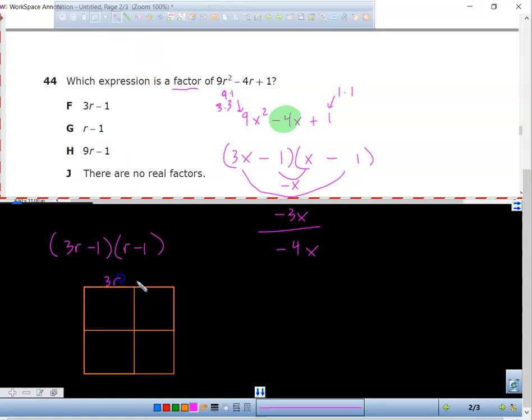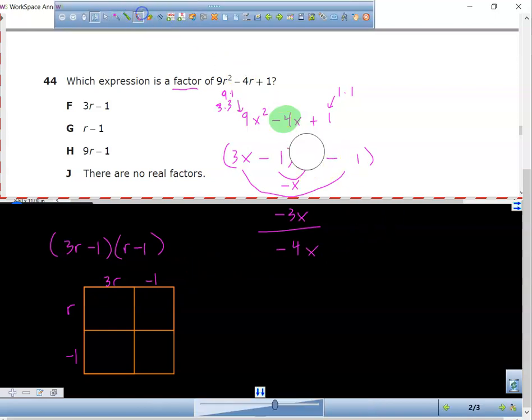I'm going to put 3r minus 1, r minus 1. Oh, here's what happens. My bad. I forgot something. That's supposed to be a 3. Duh. That should be a 3x. That's where I messed up. Yeah, so these aren't going to be factors.